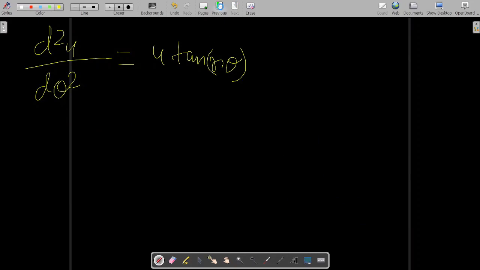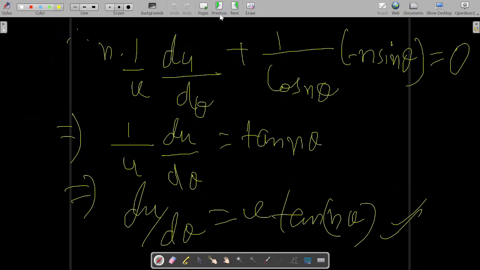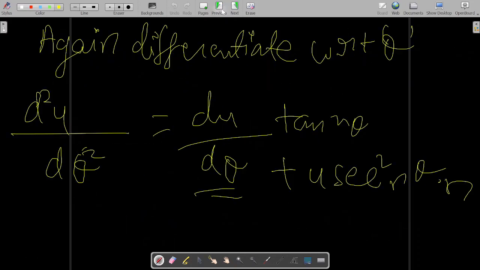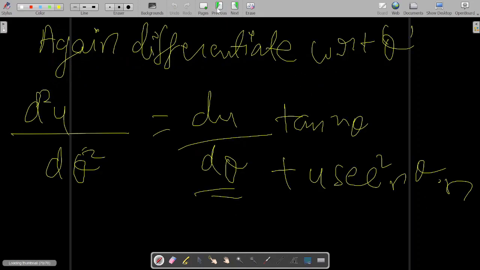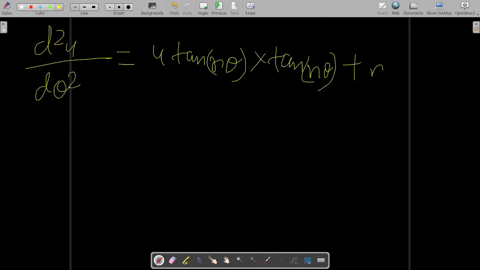So d2u by d theta 2 equals u tan n theta multiplied by tan n theta, plus u sec square n theta into n, plus n u sec square n theta.